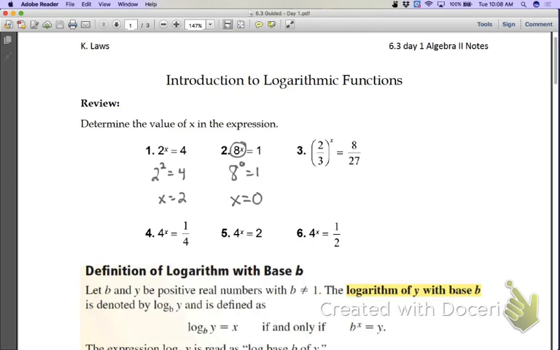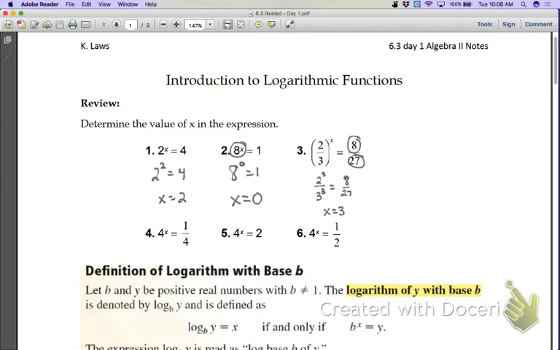Same thing on 3. If we have 2/3 to the x power, what did we do to get the 8 on top and the 27 on bottom with the 2 and the 3? What power did we take everything to? 2 to the third and 3 to the third would give me 8 over 27.